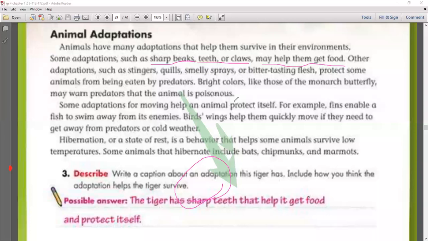Some animals have a smelly spray for protecting the animal, or better tasting flesh, or sometimes have advantages to protect the animal from predators. So these different characteristics can help the animal to survive in its environment.